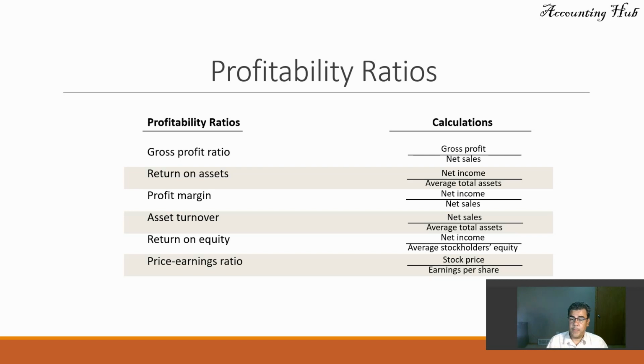And then we can compare it with a low risk rate for any financial instruments that we have in every country. They have their own. And the last one, price earnings ratio, stock price divided by earnings per share. And here we have a problem. We don't have stock prices in our financial statements. And earnings per share, we have it.